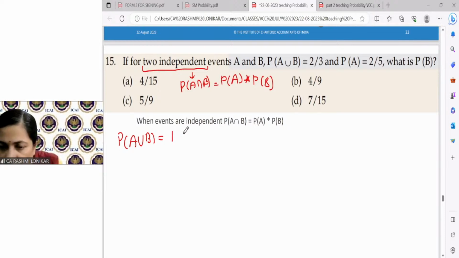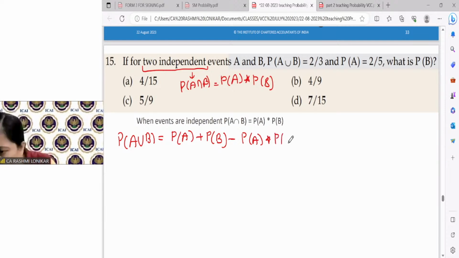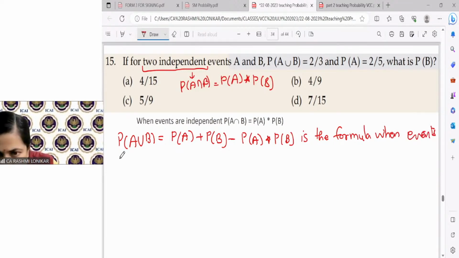P of A plus P of B minus P of A into P of B is the formula when events are independent.